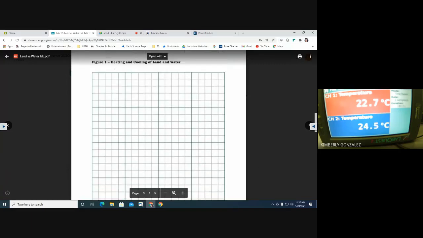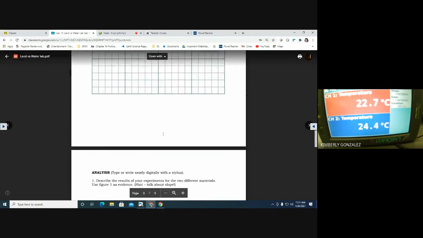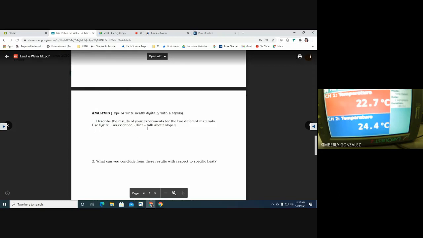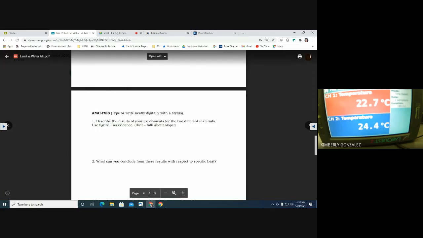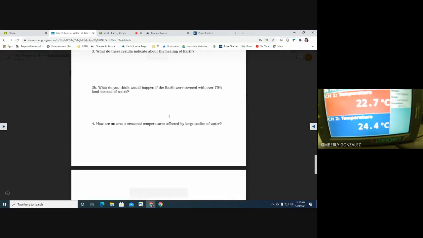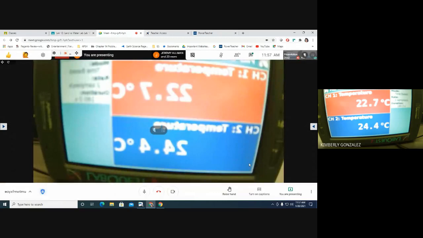On the graph, you already have a title, but you should have your axes labeled with units. You should have 2 lines, one for land, one for water. You should circle all the data points and connect them. Then you are going to type only, because you've scratched this off and wrote typed only, all of the analysis answers. Got it?